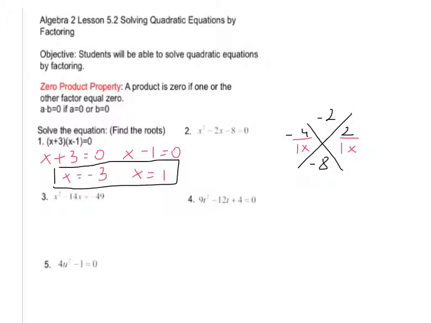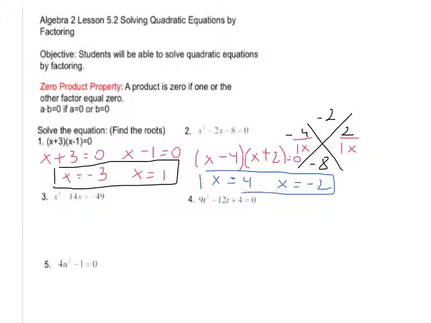So the factored form will be x minus 4 times x plus 2 equals 0. So the first solution will be x equals 4, and the second one is x equals negative 2. So here are the two solutions to this equation.